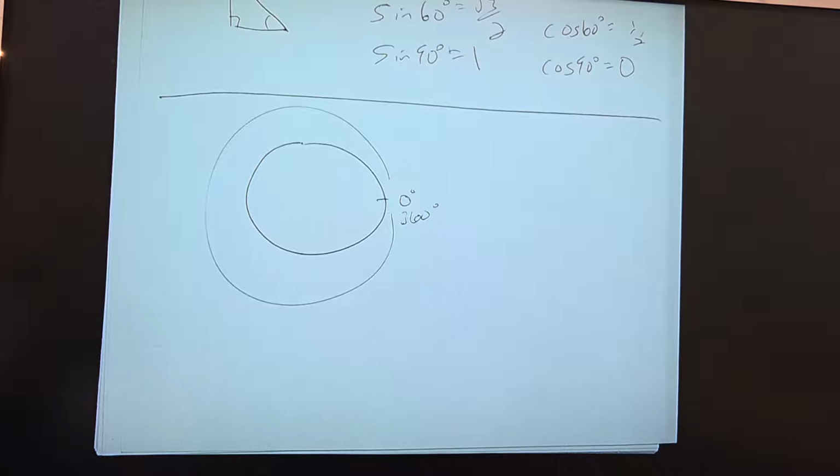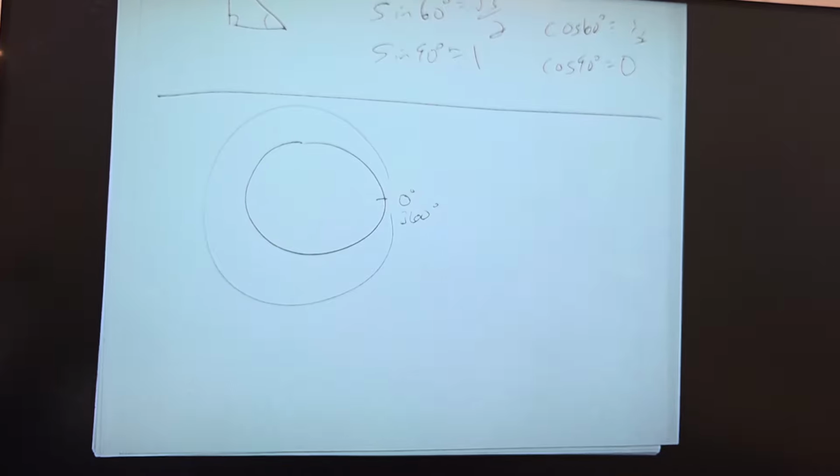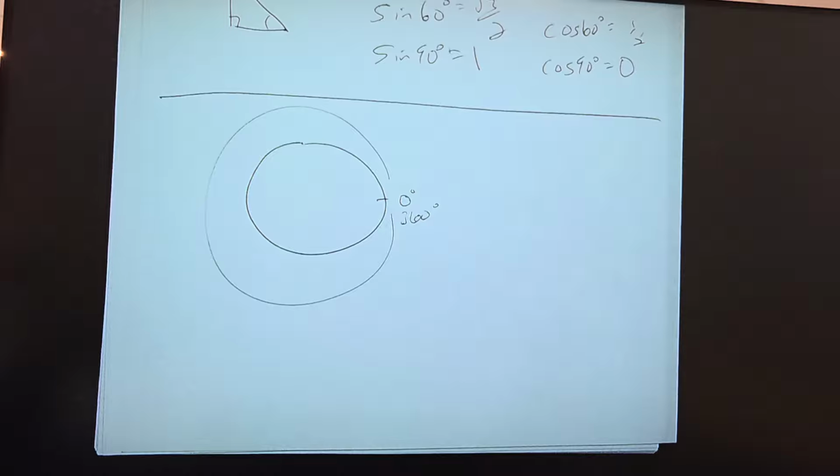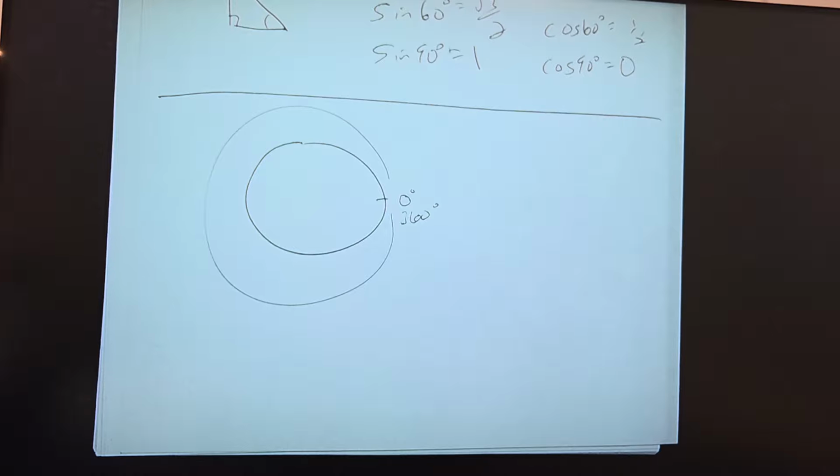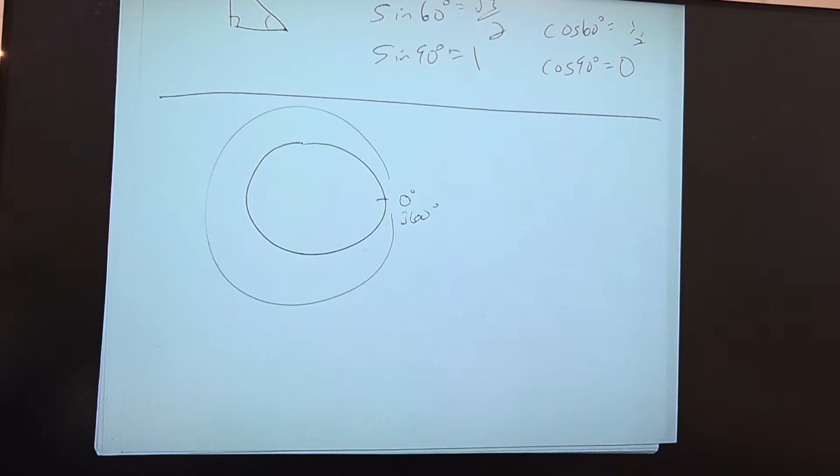360 is partially because of that, but mostly it's because you can factor 360 a lot of different ways. 36 has a lot of factors, and 360 has even more factors, and it's a nice round number, it's even, 6 goes in, so 3 goes in, 9 goes in, you've got so many things.